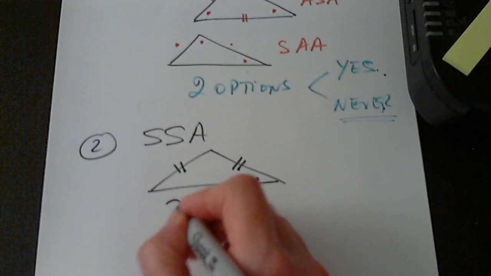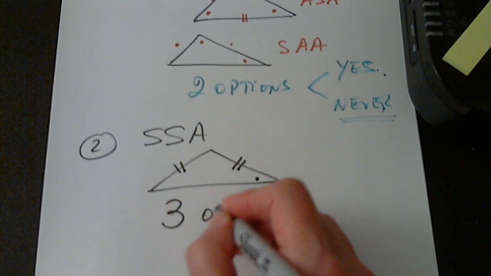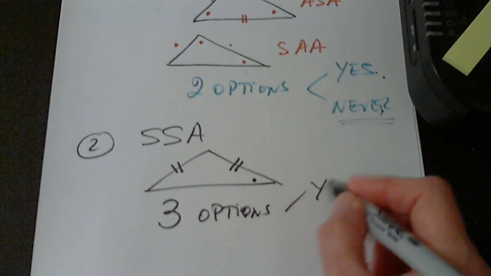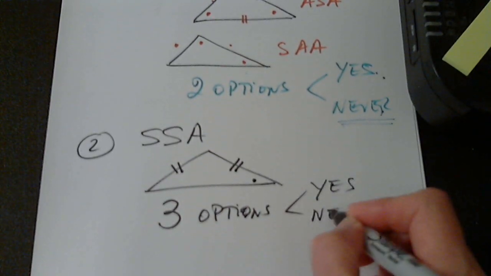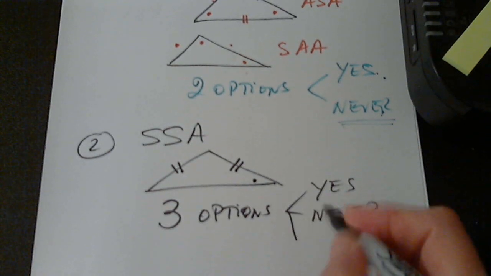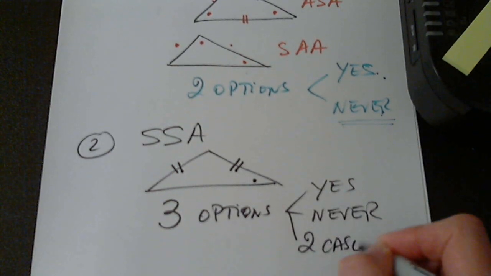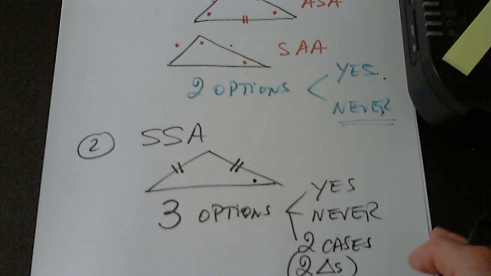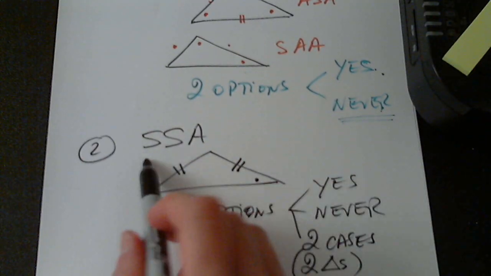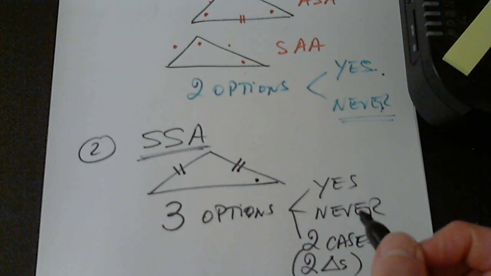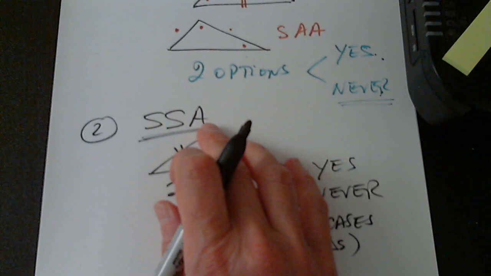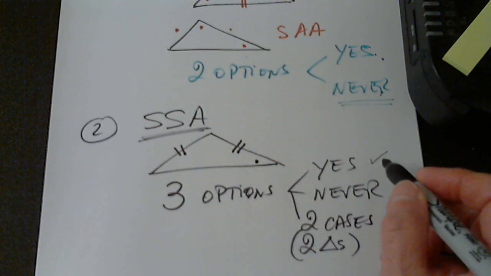Well, this one is the only one that has three options. Yes, no, or two cases. In other words, two triangles are possible. This is called the ambiguous case. This is the only one that may give us trouble. It exists?